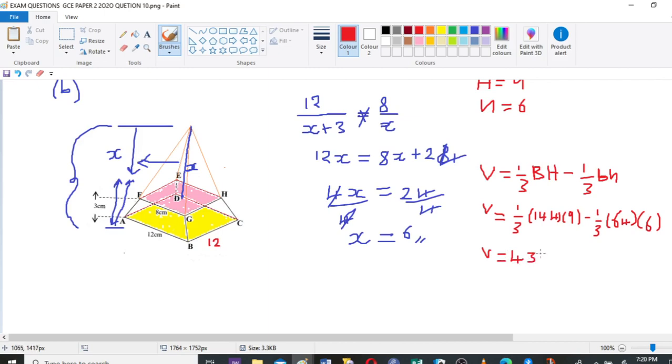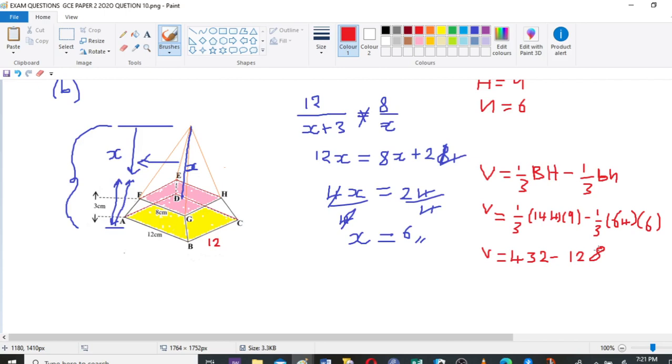So on this side you are having 432, minus, on the other side, 64 by 6, divided by 3, you're going to have 128. Now subtracting 128 from 432, you should be able to get 304.